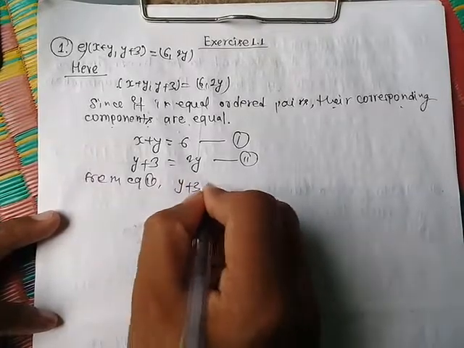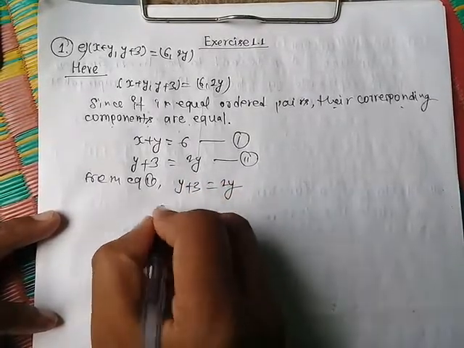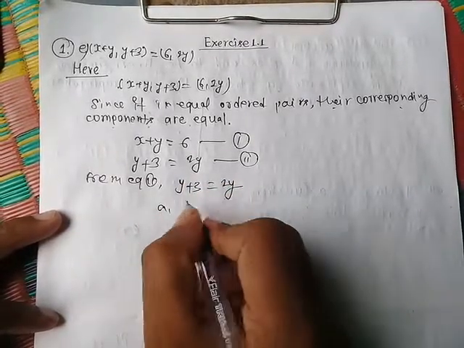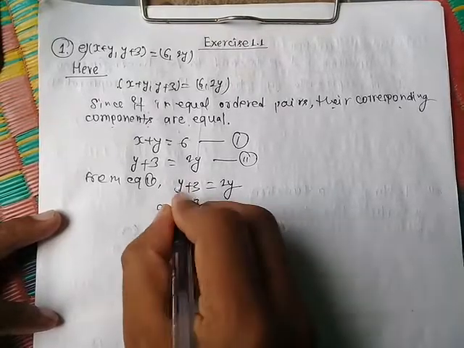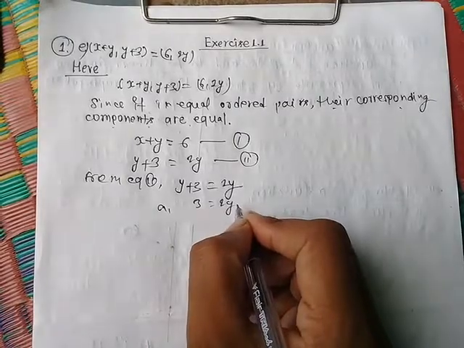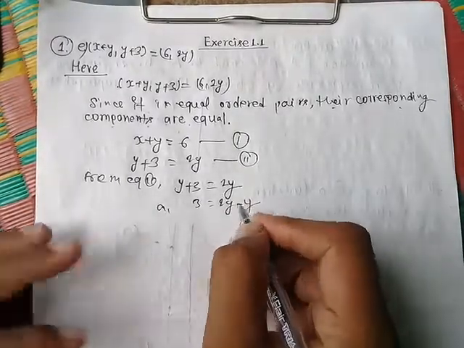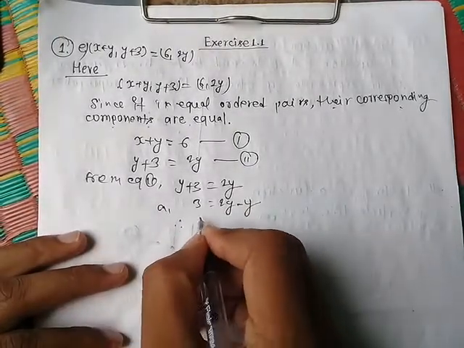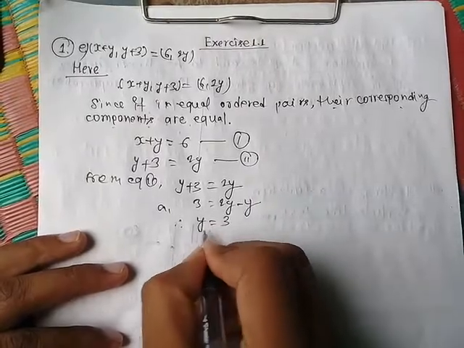First use equation 2: y plus 3 is equal to 2y, or taking y to the other side, if you change the side then it will be negative, so therefore y is equal to 3.